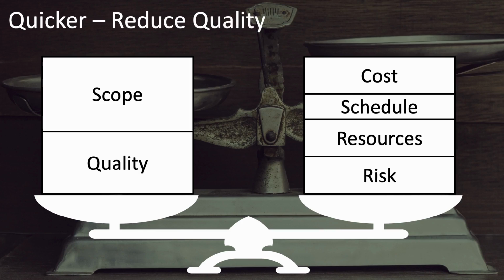Another way in which you might get a product out quicker is if you change your target audience. So let's suppose you're developing a product for mass production and you decide you want to get it done sooner.